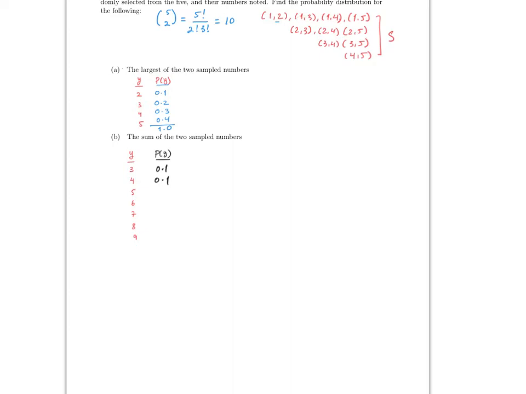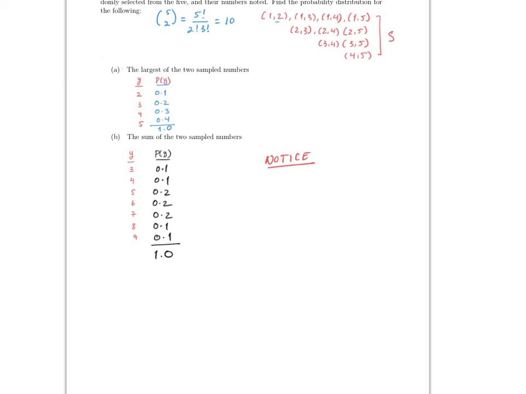But to have a sum of 5, this is 5 and this is 5, so that's 2, so this will be 0.2. To get a sum of 6, it will be this one and this one. To get a sum of 7, it will be this and this, which is 0.2. To get a sum of 8 is 0.1, and to get a sum of 9 is 0.1. And again, the whole thing has to add to 1. Alright, so notice, and this is going to be very useful later.